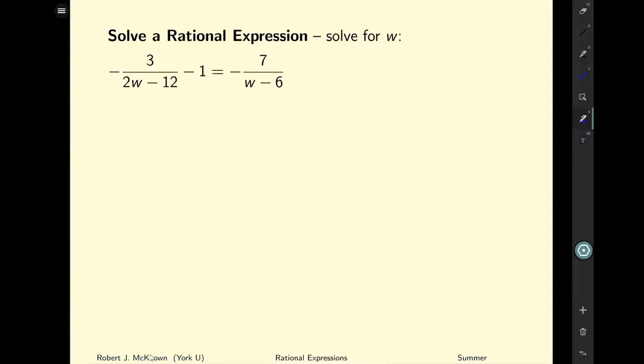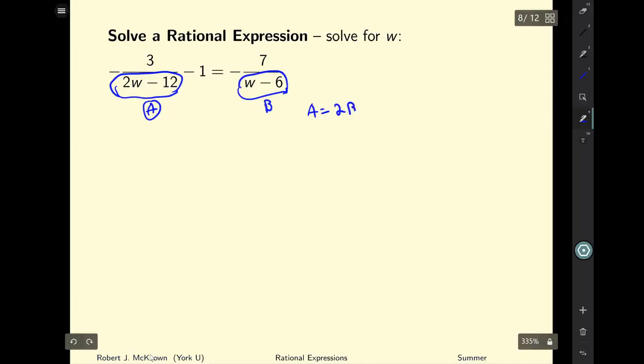Our next problem is asking us to solve for w. So we've got a rational expression, and there's 3 separate terms. Like before, I want to get started by finding a lowest common denominator. So notice that if I call that A and I call that B, A is equal to 2B's.